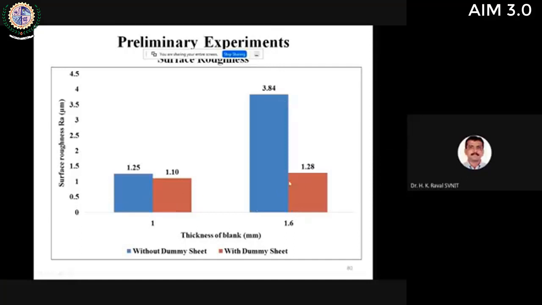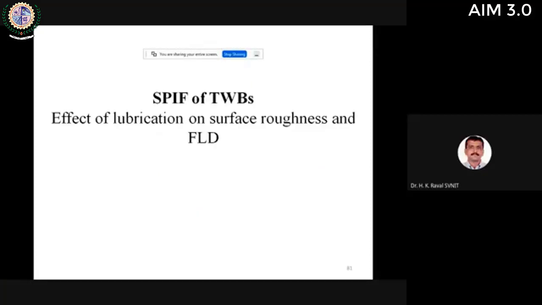That is because the 1 mm sheet offered less resistance. Hence, not much load is required to deform it compared to the 1.6 mm. The larger the load, the more the punch or tool deforms the object, and that results in more surface roughness.